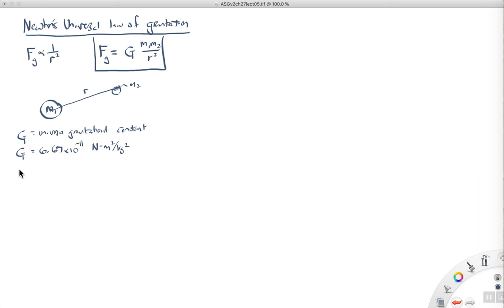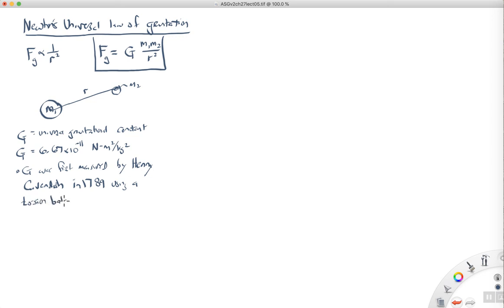It was measured, so G was first measured by a man named Henry Cavendish in 1789. So this was almost 100 years after the time of Newton, using what's called a torsion balance.